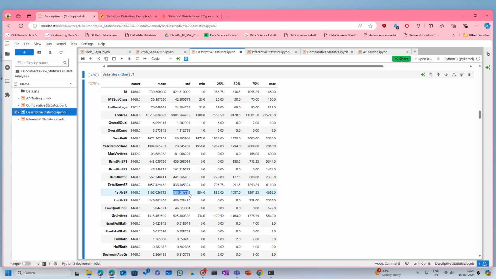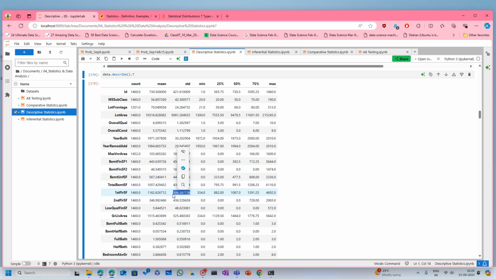What it means is, there are 1460 houses, and on average, for each one of those houses, there is a difference, either positive or negative, of 386.